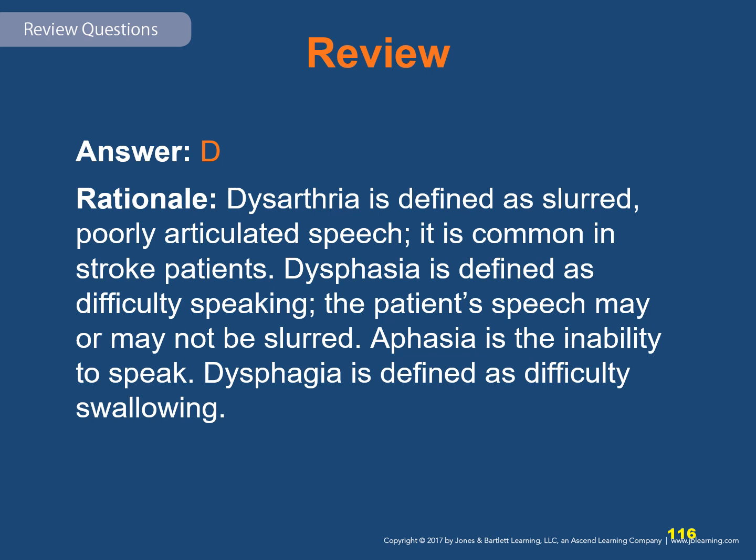Dysphagia, with an S, is defined as difficulty speaking in general. The patient's speech may or may not be slurred. Aphasia is the inability to speak at all. And dysphagia with a G is defined as difficulty swallowing.